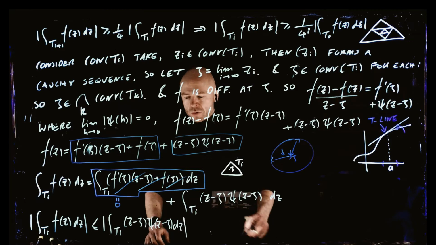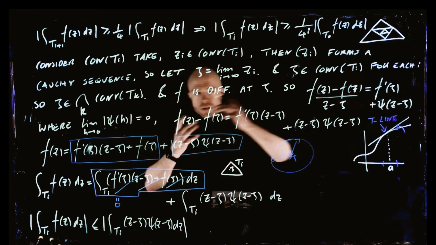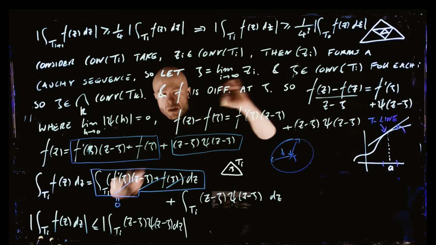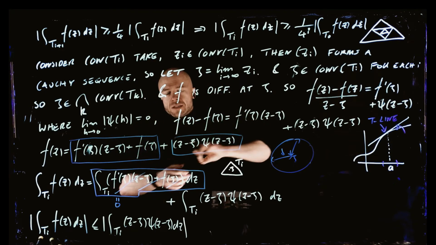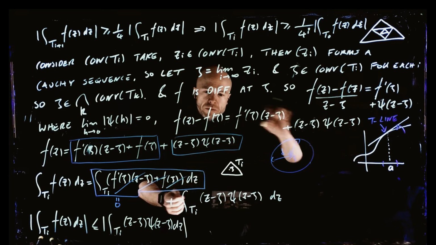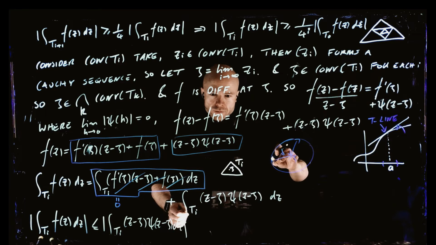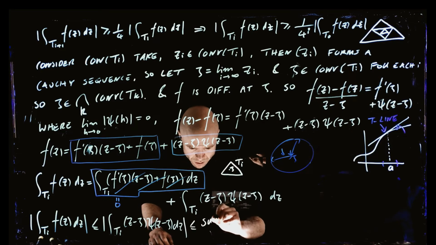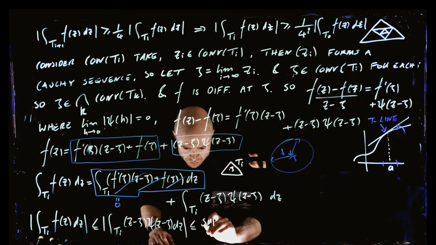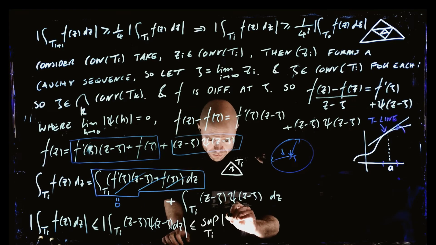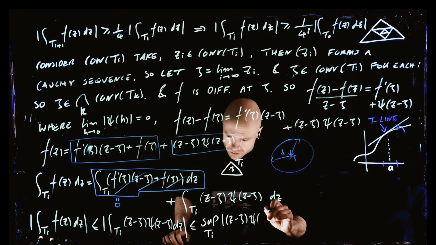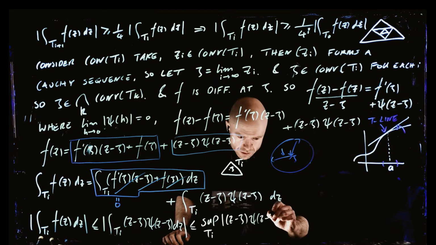Yeah. And we also know that if we have an integral, this is something else we proved last time, if we have an integral across some line, then that thing is less than the length of the line times the supremum of the function over the line. Yeah? So then this thing is less than the supremum over T_i of the absolute value of this thing, z minus zeta times phi of z minus zeta.